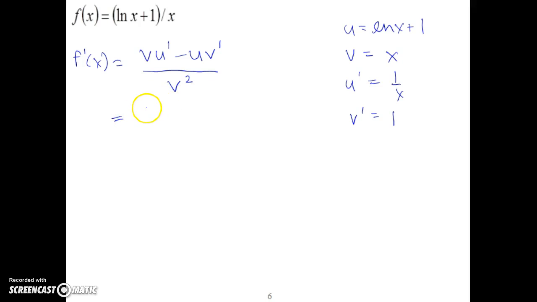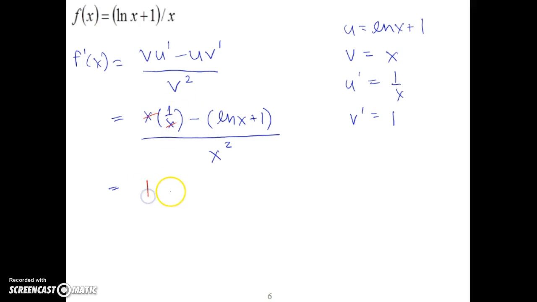So we're going to have x times 1 over x minus uv prime, so minus natural log x plus 1, all over x squared. So to simplify here, do you see the x's cancel?